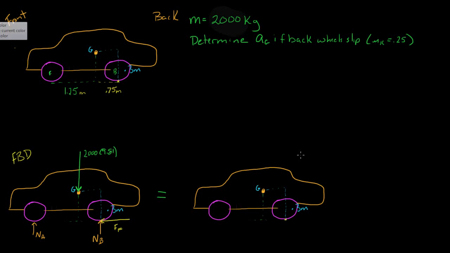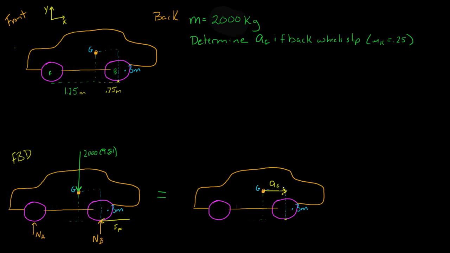What about the accelerations? On this problem, I'm going to define an XY direction: X is positive to the right, Y is positive up. So I'm going to assume that my acceleration is in this positive direction.